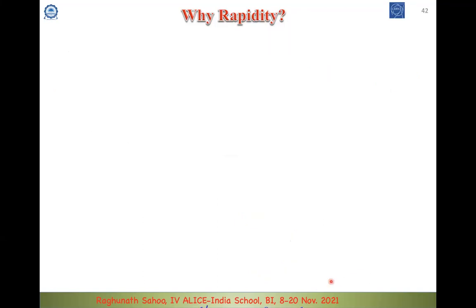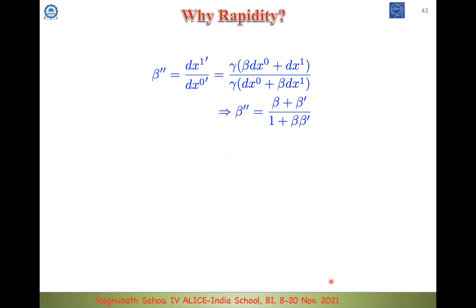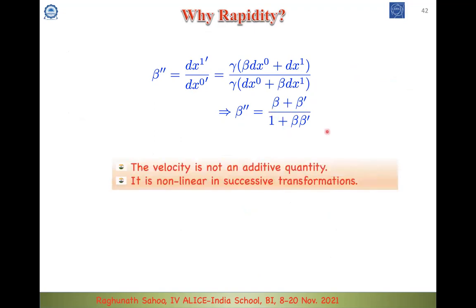Now I use these same equations, and I can prove that beta double prime will be dx1 prime divided by dx0 prime. Then I put in the corresponding equations, and I see that beta double prime is equal to beta plus beta prime divided by 1 plus beta beta prime. So you see, velocity is not an additive quantity.